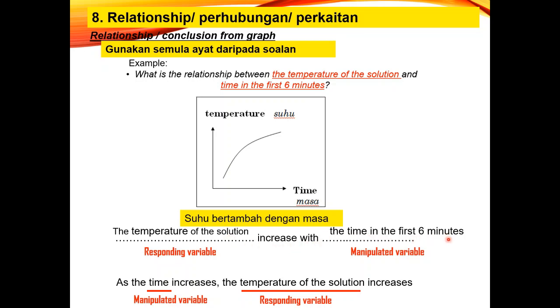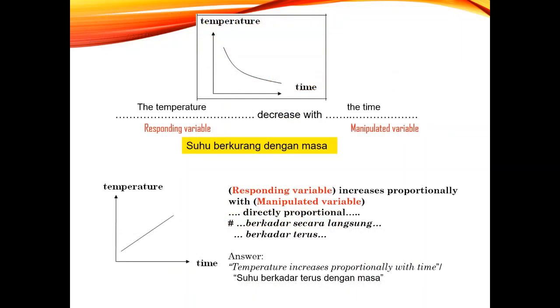Remember, if you want to use the words increases with, your responding variable must be put in front, then followed by the manipulated variable. Okay, or you can write another way, that is, as the time increases, the temperature of the solution increases. Okay, same for this graph.